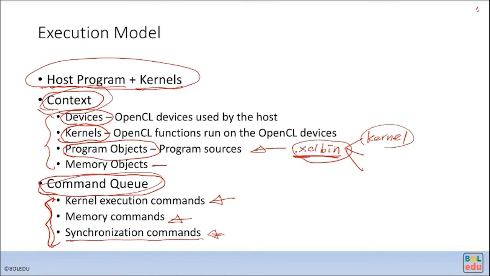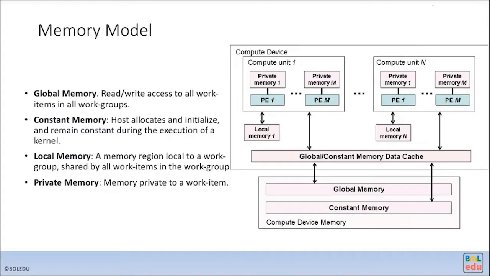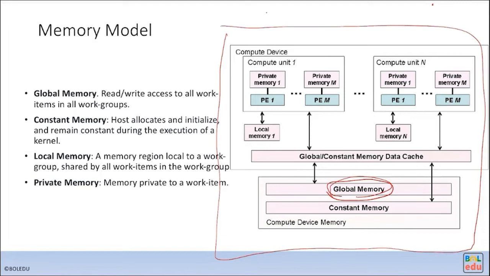So let's look at the memory model. The OpenCL device only works on the global memory. The global memory is on the FPGA or the OpenCL device, or the board.